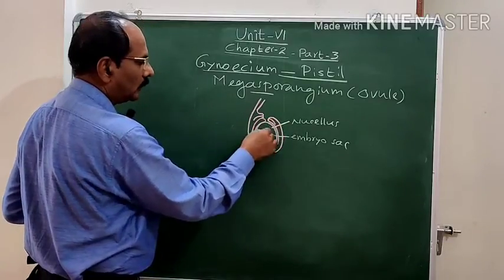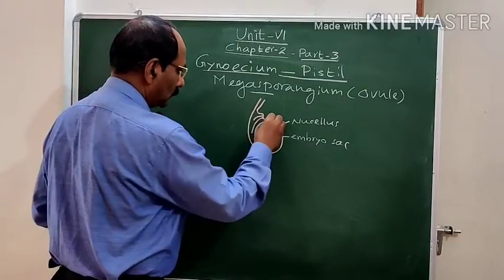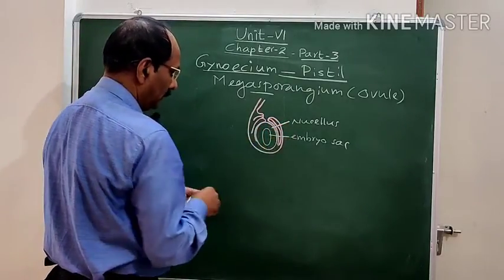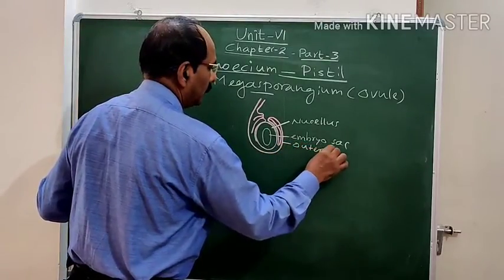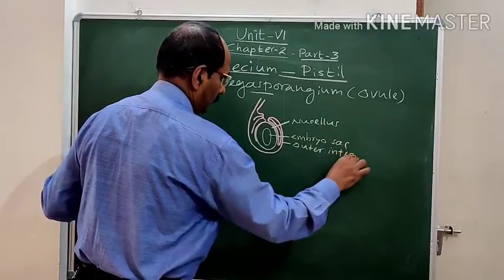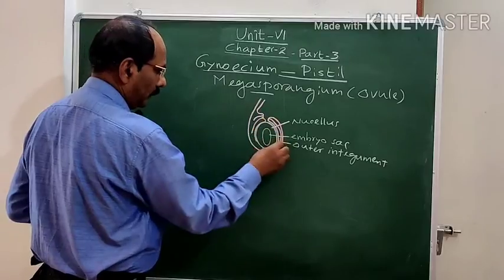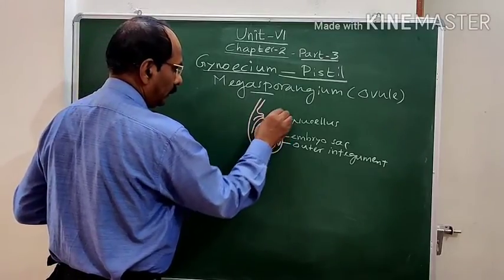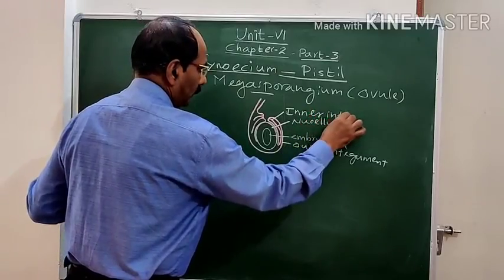This ovule is enclosed by two layers, two coats, two integuments. This is the outer integument. Integument means cover. And this is called the inner integument.